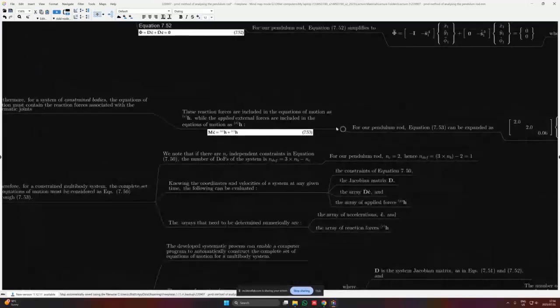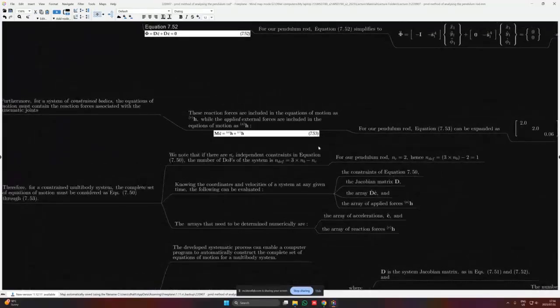Now thinking of the pendulum rod, since we're working with a single planar body mechanism, the number of bodies is just going to be equal to 1. So it's 3 times 1 minus NC, the number of constraints.